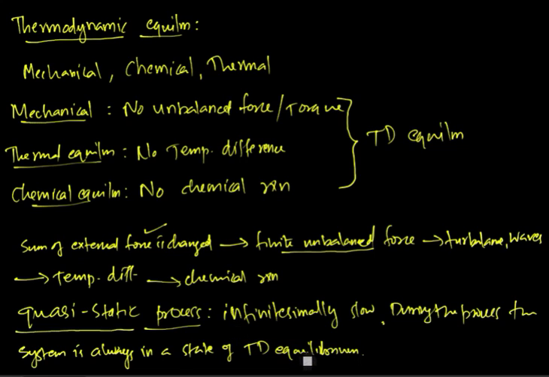So quasi-static processes are the processes in which the system is always in thermodynamic equilibrium during that process. I told you that it is an ideal concept, and there are rigorous conditions mandated by it which can hardly be satisfied, but by making the process infinitesimally slow, we can make the processes nearly quasi-static.